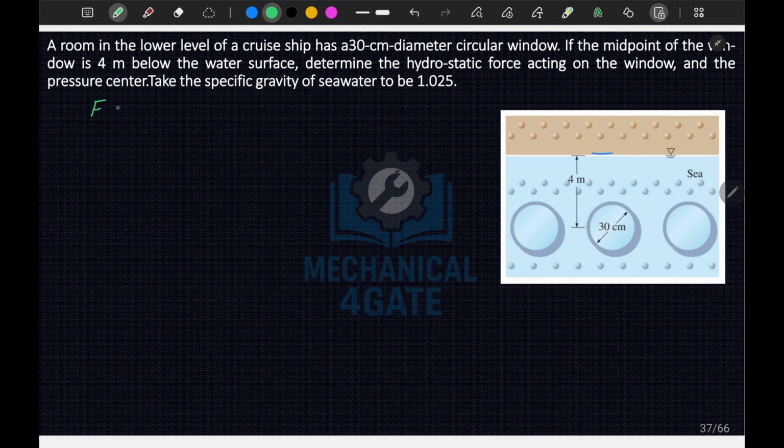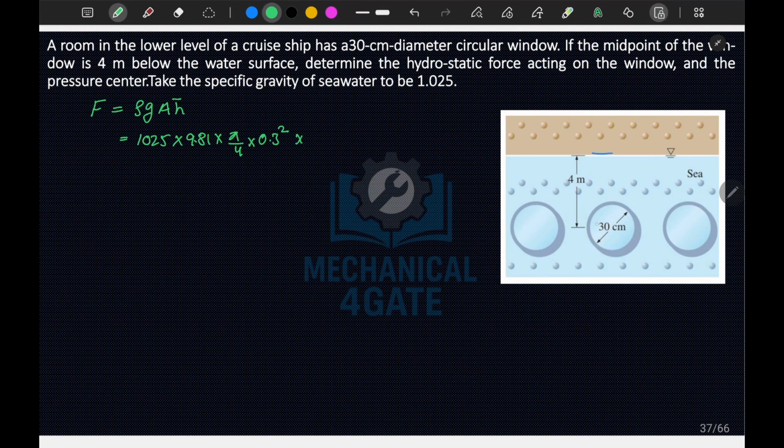So hydrostatic force F, I can write as rho g A times h bar. If I substitute the values, rho is equal to 1025, g is 9.81, into A, the area of this circle, which is pi by 4 times d square. Pi by 4 into d square, with d as 30 centimeters, 0.3 square, into h bar.